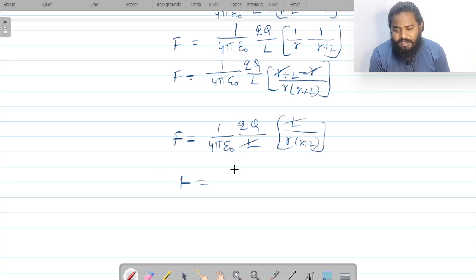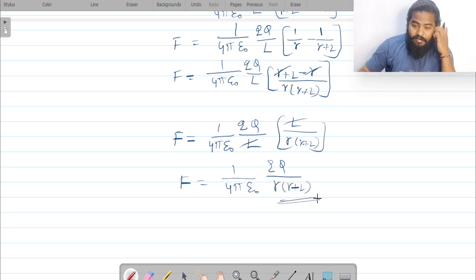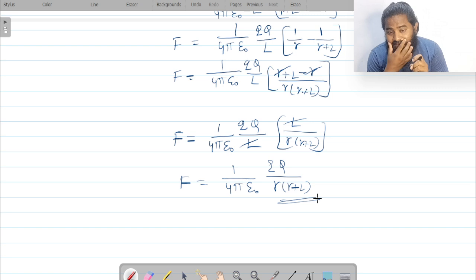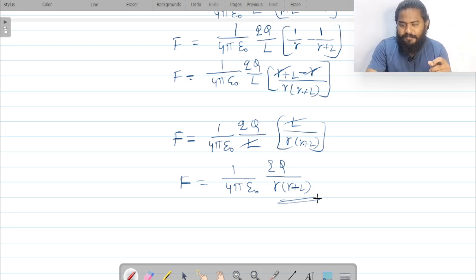Therefore the force between them is 1 by 4 pi epsilon naught small q capital Q by R into (R plus L). So this is the formula for the force between a charged particle and a uniformly distributed rod, and it is on the axial line. If it is on an equatorial point, we'll see that in the next problem. Thank you.